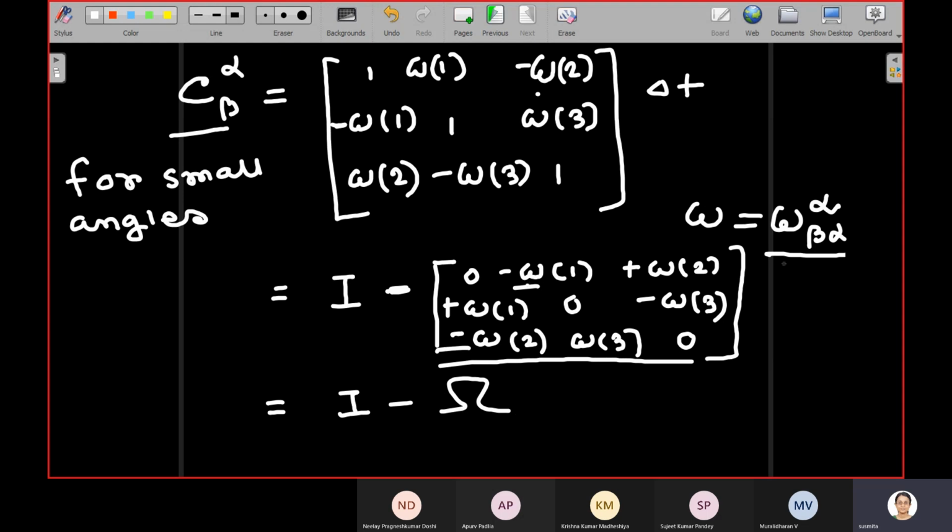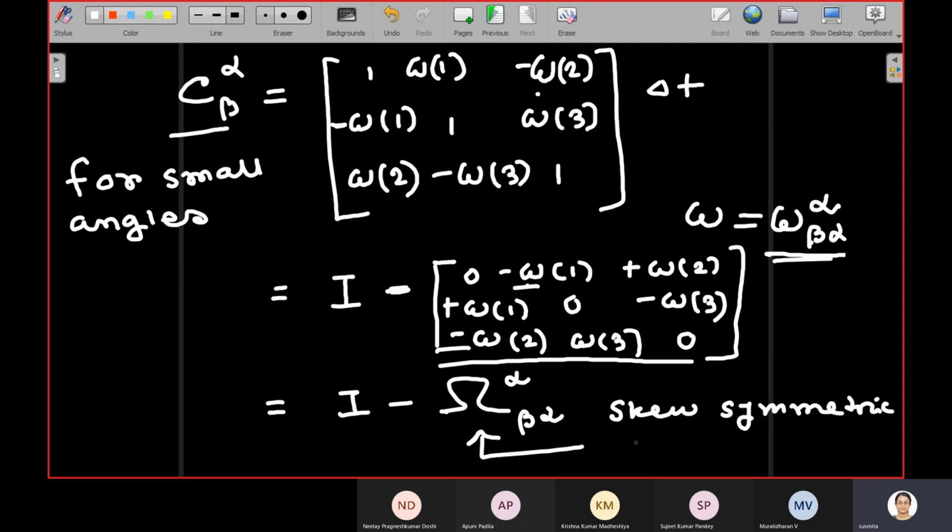Since the small omega is omega beta alpha alpha, the capital omega will also follow the same convention, because the elements of this capital omega matrix, which is a skew symmetric matrix, are formed with this vector; it is not a vector itself.